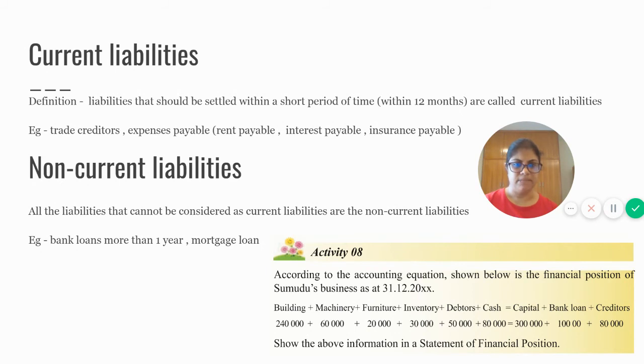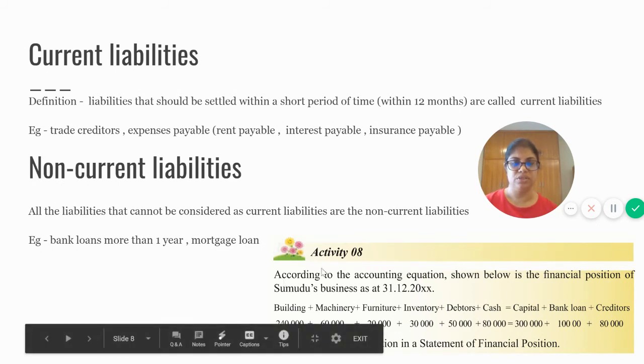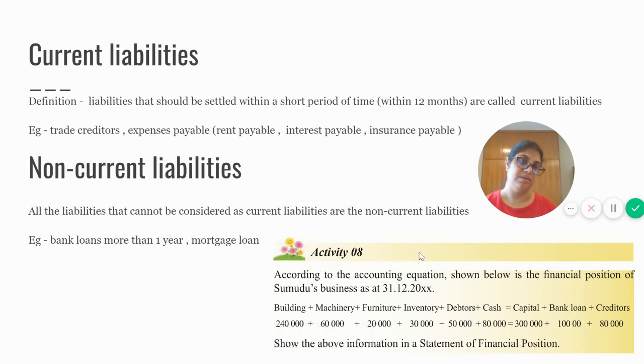Then I would like to focus your attention towards activity 8 in your textbook, which is a good activity according to my point of view. Here it says, according to the accounting equation shown below, prepare the financial position of Sumudu's business as at 31st December 2019.